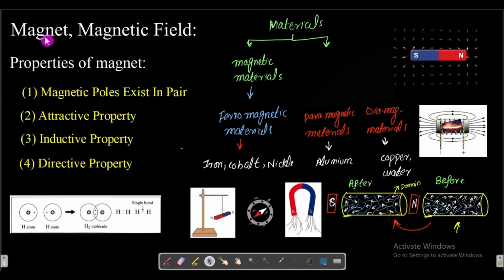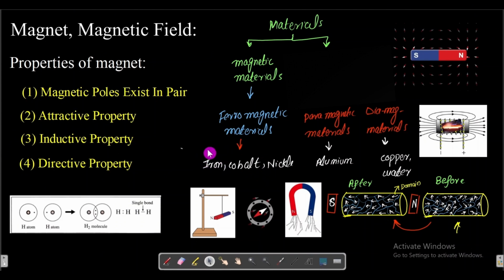A magnet is an object which attracts other magnets or other ferromagnetic material. On the basis of magnetic field, the materials are divided into magnetic materials. The magnetic materials such as ferromagnetic materials, including iron, cobalt, and nickel, will be attracted toward the permanent magnet.